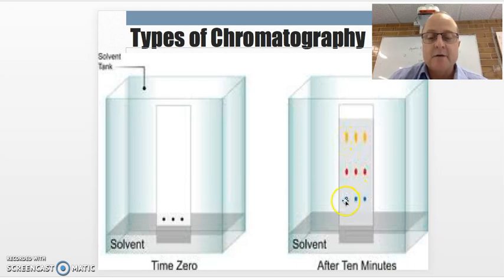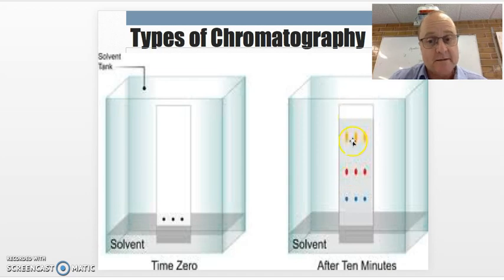So that would tell us that this substance in the mixture is more polar than this substance, because it was more greatly attracted to the stationary phase than this one, and therefore adsorbed and separated out earlier than this one. And finally, the yellow one would be considered the least polar.